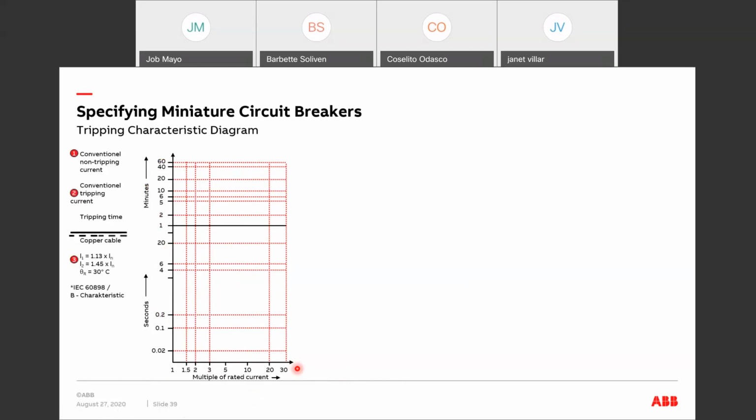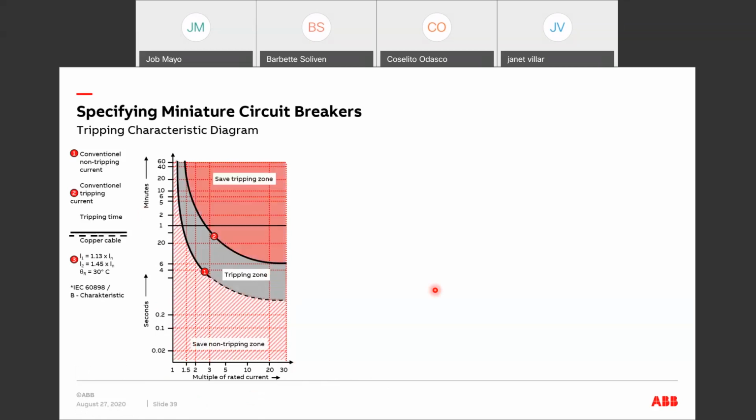So again, you need to understand first the conventional non-tripping current, and then the conventional tripping current, which is the second, the upper curve. And of course, we need to see which is the tripping area and which is the non-tripping area. And this is the tripping zone or the detection zone.